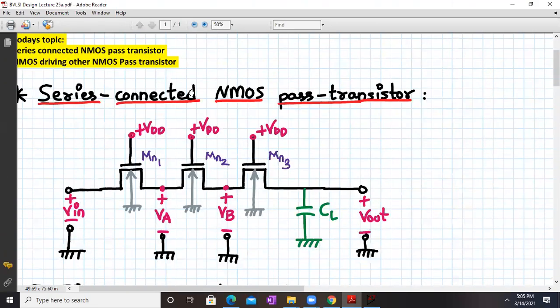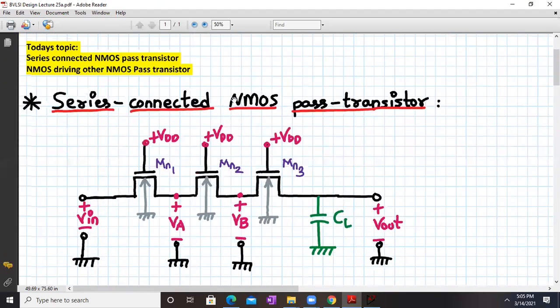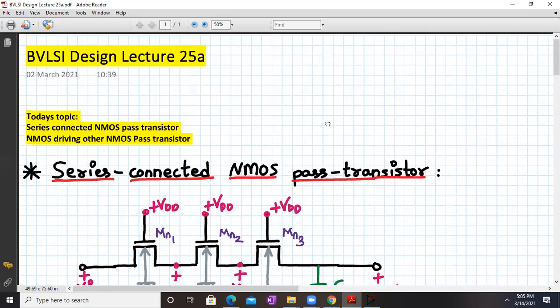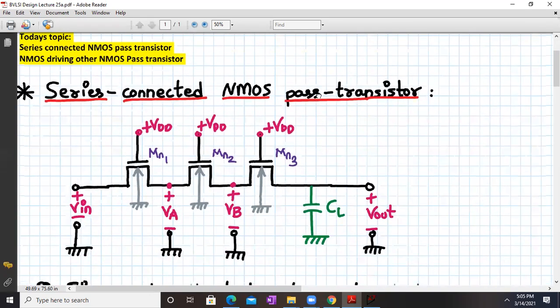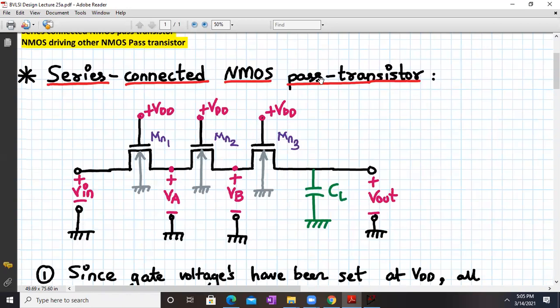So from these designs, the obvious limitation is that N pass transistor logic passes a strong logic 0 and a weak logic 1. That is the conclusion from these findings.